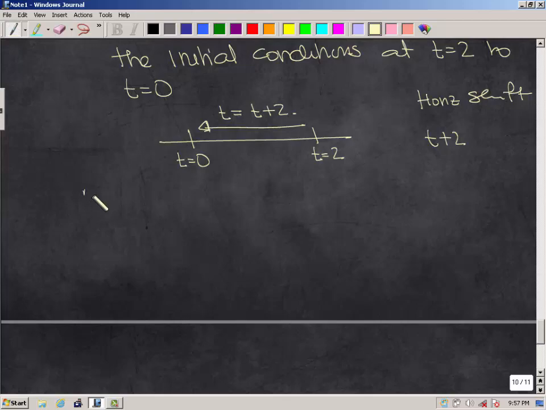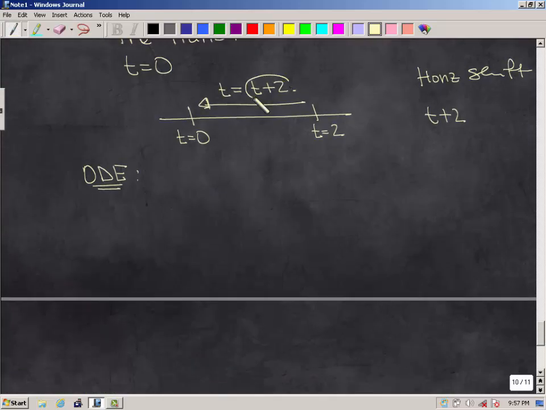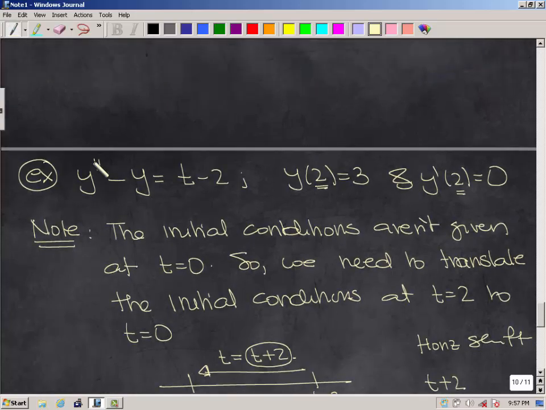So what does my ODE become? Just the ODE, not the initial conditions. Well, I had y double prime. Remember, we're going to change every t to t plus 2. So we get y double prime of t plus 2, then minus y of t plus 2. Normally we don't write the t, but technically this is y double prime of t and this is y of t, just so you know.